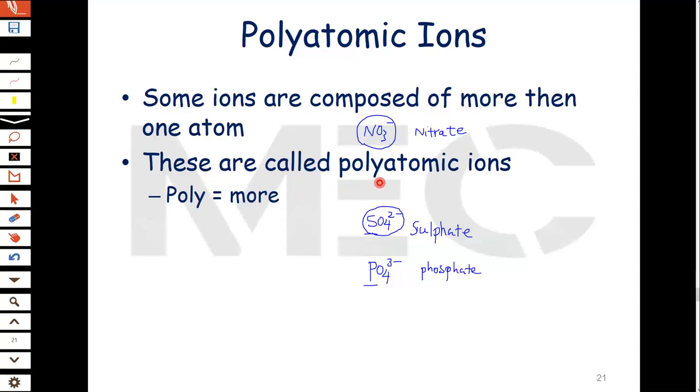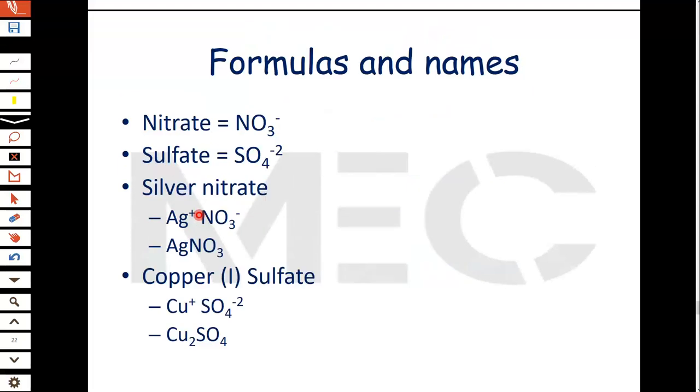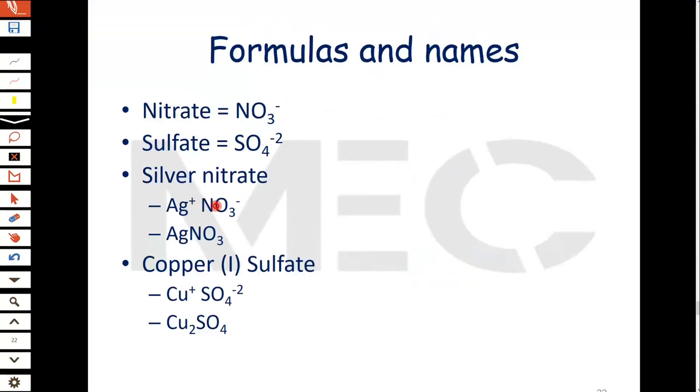These are called polyatomic ions. Poly means more, or we can also call them multiatomic ions. The examples are NO3 minus, nitrate, and SO4 2 minus. In chemistry we write the 2 first. SO4 2 minus is called sulfate.